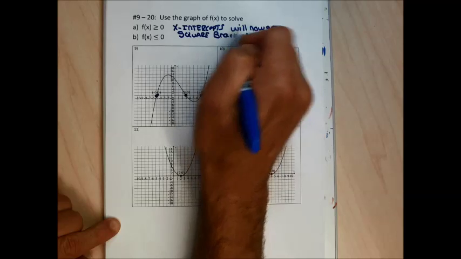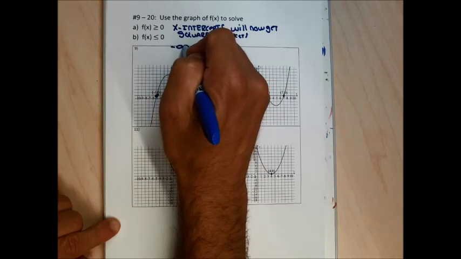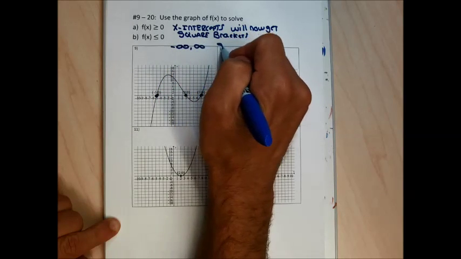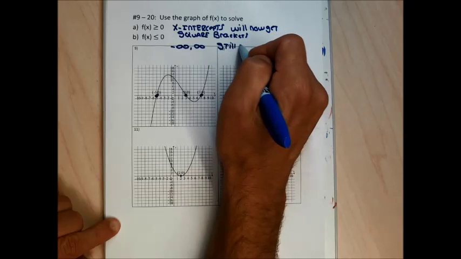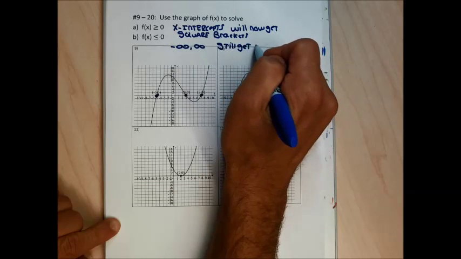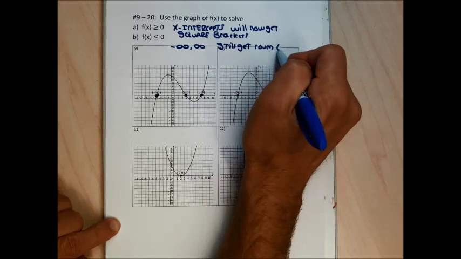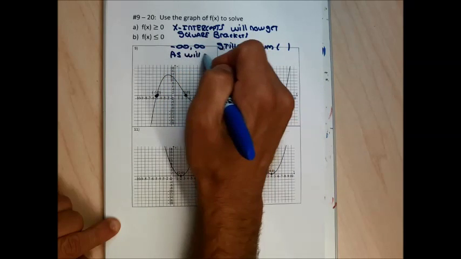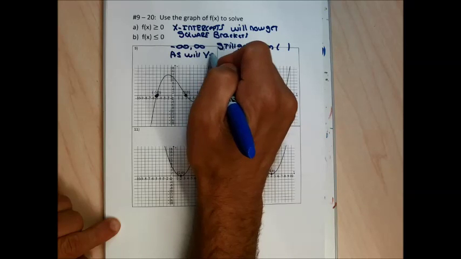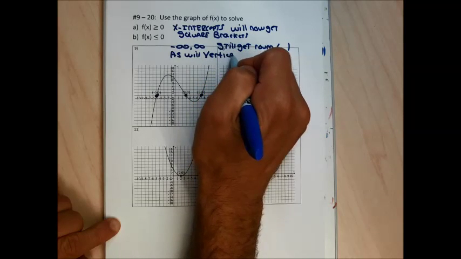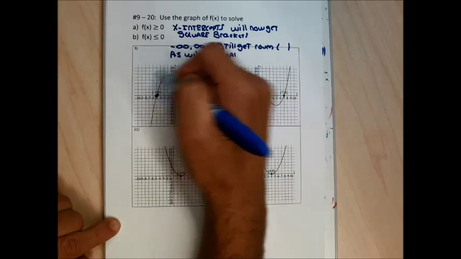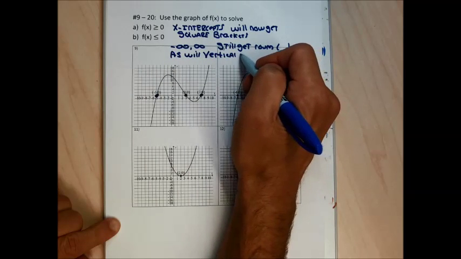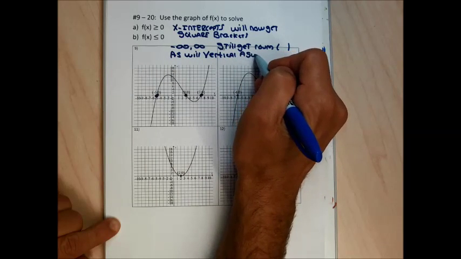But the infinities will still get round brackets. As will the vertical asymptotes, because infinities aren't actually points on the graph, and similarly vertical asymptotes don't correspond to points on the graph.